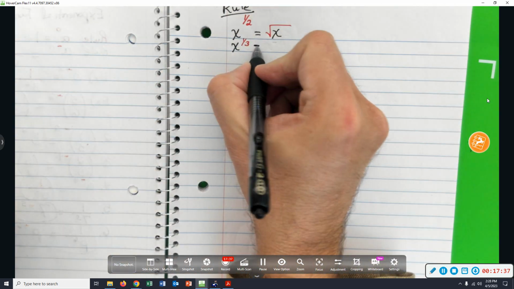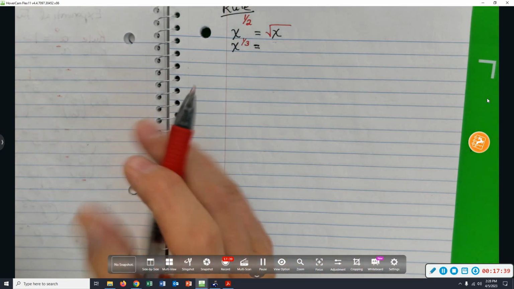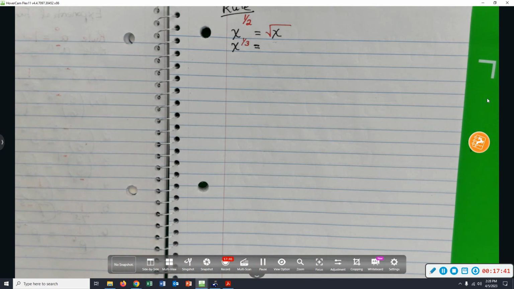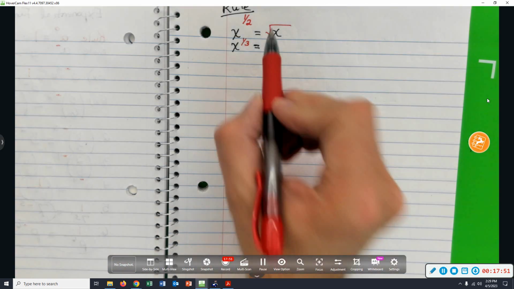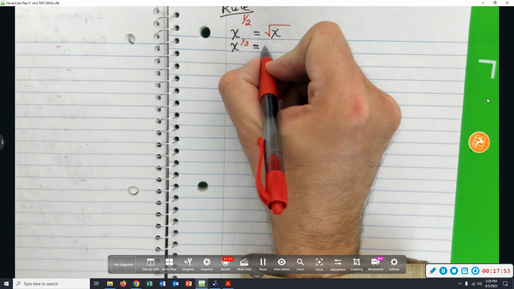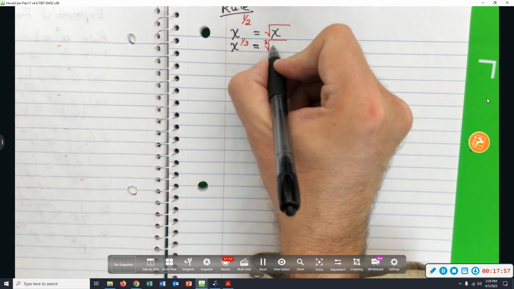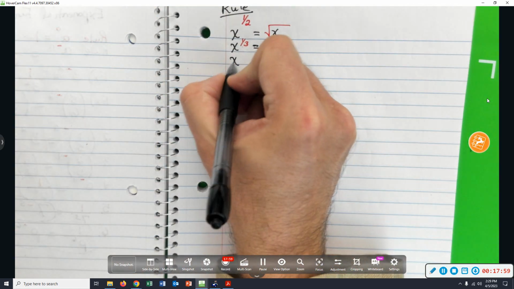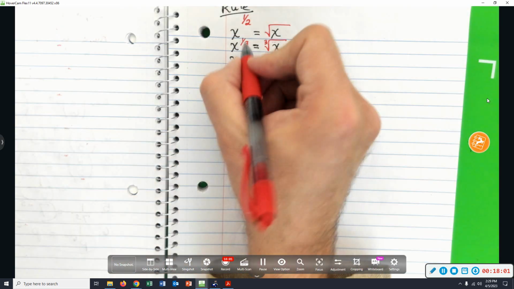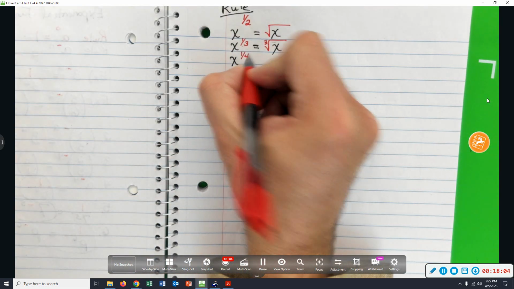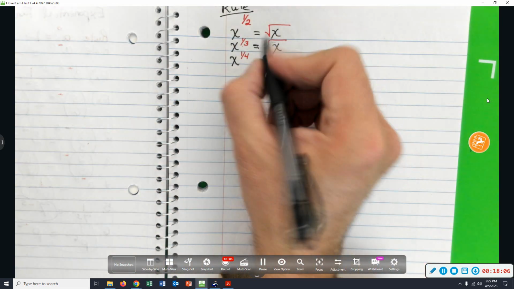I think that maybe your first test had a problem that looked terrible: 2x minus 5 to the 1/3 minus 3x plus 7 to the 1/3 equals 0. But it turned out to be real easy. A 1/3 exponent is a cube root. A 1/4 exponent is a 4th root.